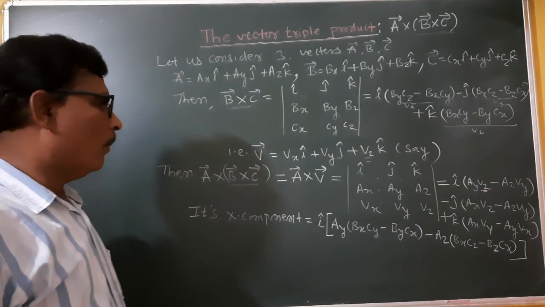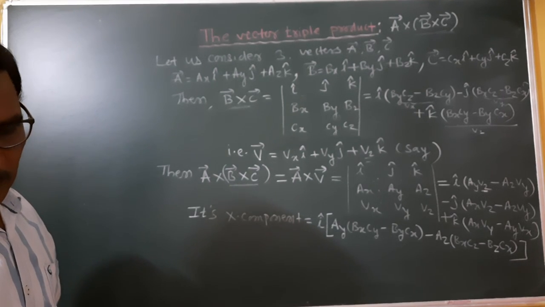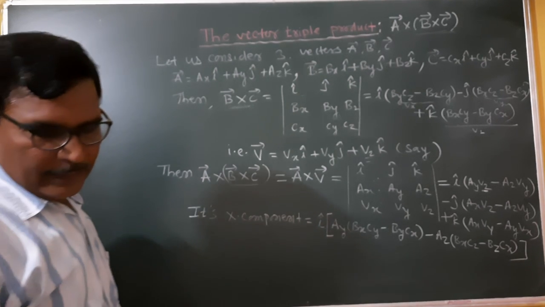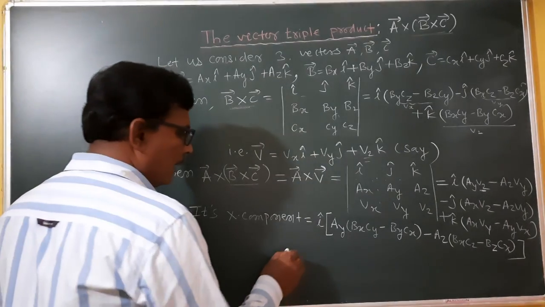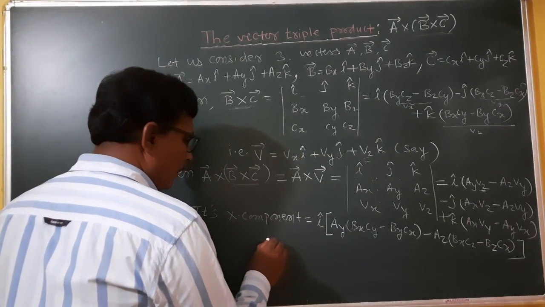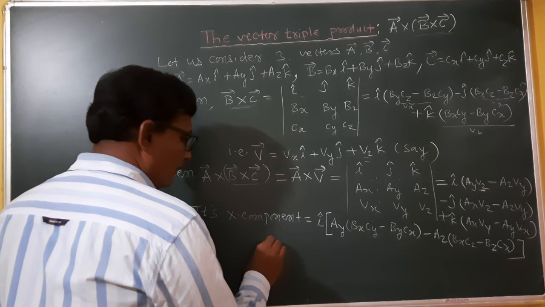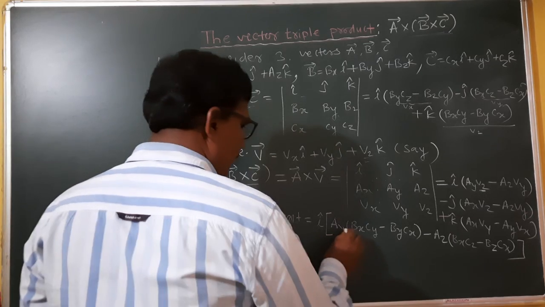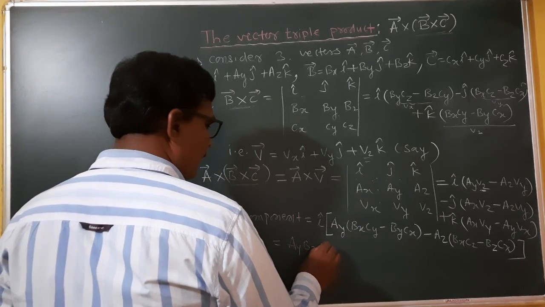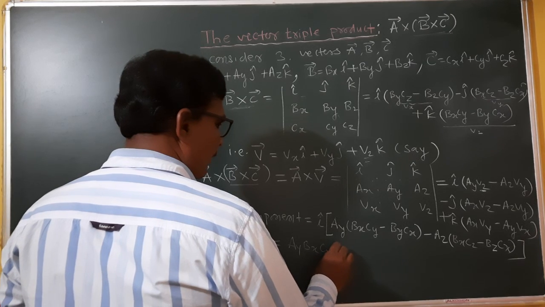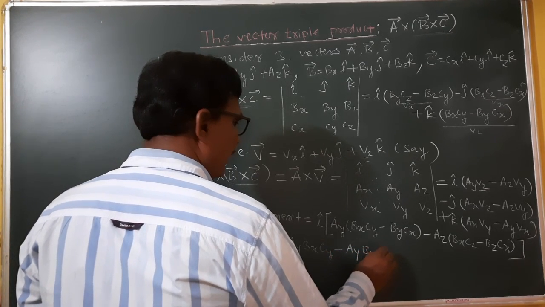Now basically we have to take the component of I, so multiply it. The 3 terms, it becomes the X component of this one is equal to Ay Bx Cy minus Ay By Cx.